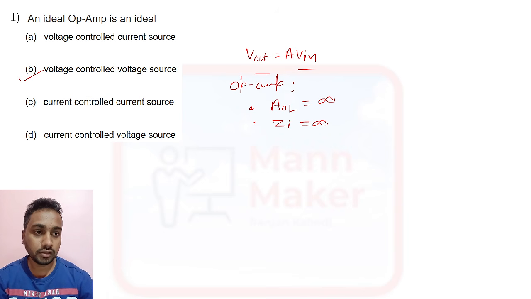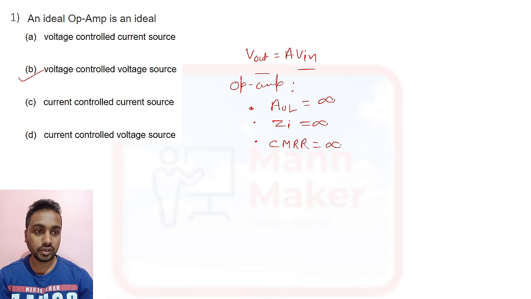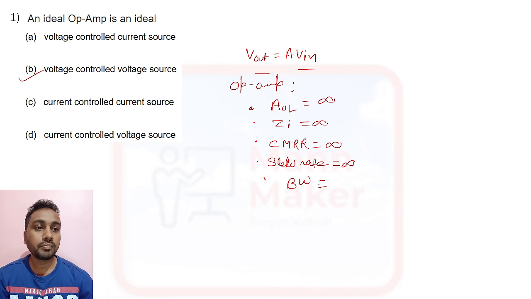Input impedance is always infinity. CMRR, that is common mode rejection ratio, is also infinity. Then slew rate is always infinity. Then the bandwidth of an op amp is always infinity.